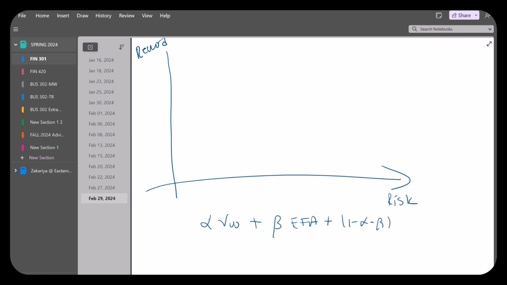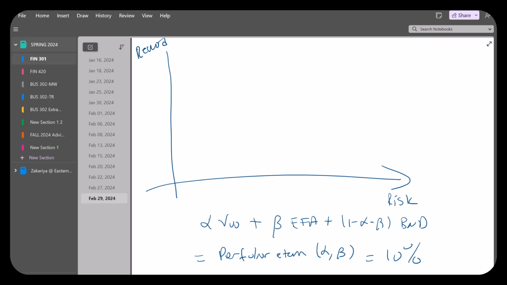This is the portfolio return, given alpha and beta, and I want this to be 10%. And VOO, FA, and BND are their average returns. So I have one equation in two unknowns, and this is a linear equation. And there are infinitely many combinations of those that would get you that solution.